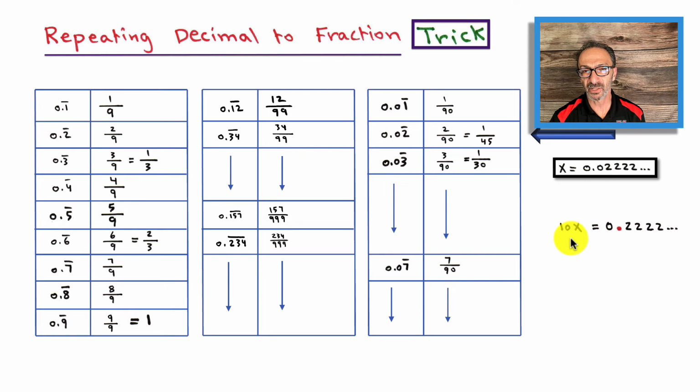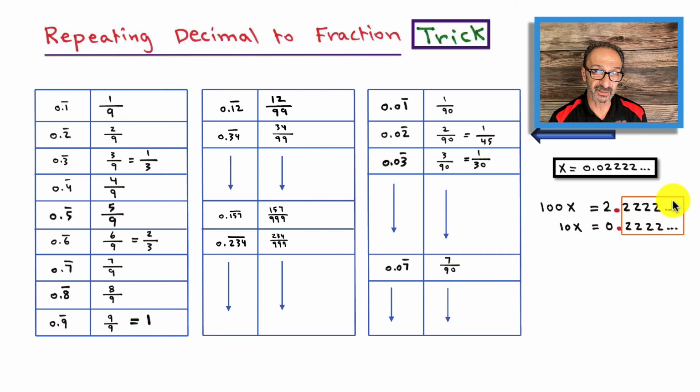If I put x underneath it and I try to subtract, notice that the decimal point right here has a 0 after it. So I need 2's. I need them to cancel. So I'm going to multiply x by 100. The decimal is going to move once, another 1 right here. So it's going to be 2.2 repeating.